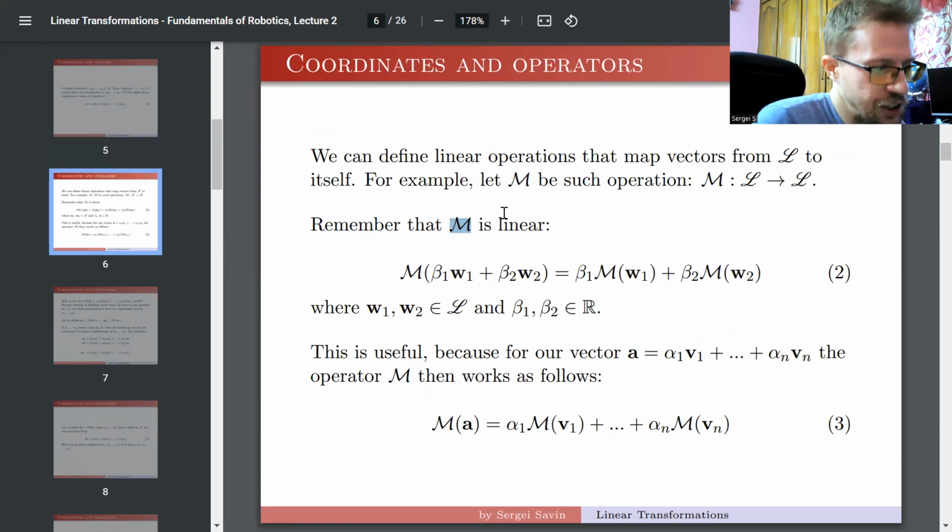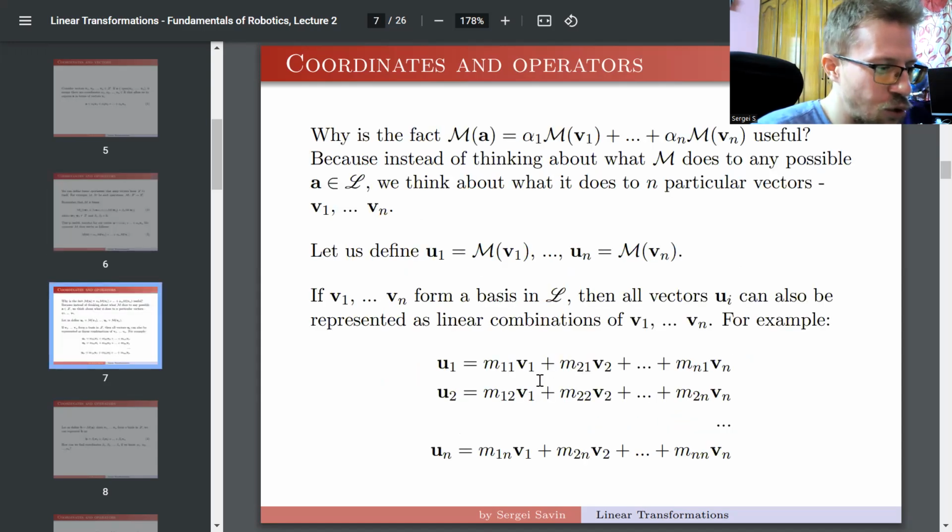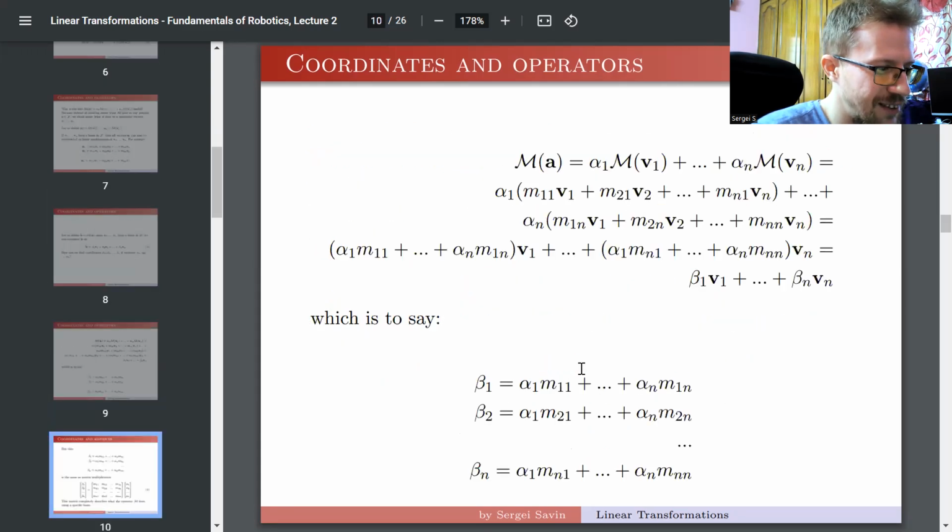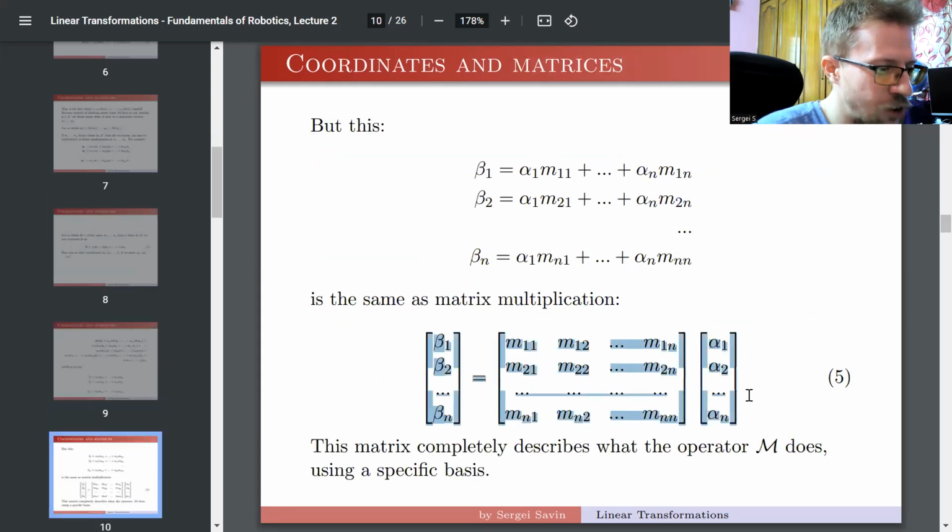It's just a linear operation. And if we didn't have this basis V1, V2, Vn, we couldn't get those coordinates at all. So coordinates came because we have V1, V2, Vn. So this whole thing depends on the basis.